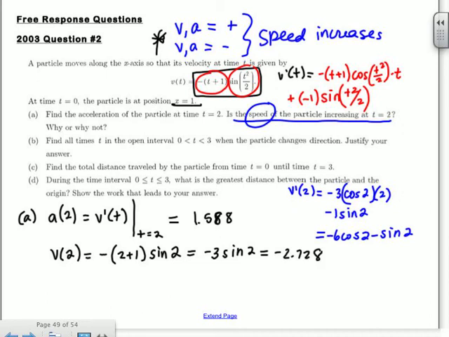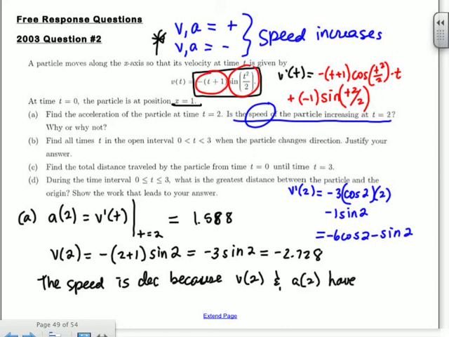So is the speed increasing or decreasing? Yeah, so it's decreasing. So you'd say the speed is decreasing because v of 2 and a of 2 have different signs.